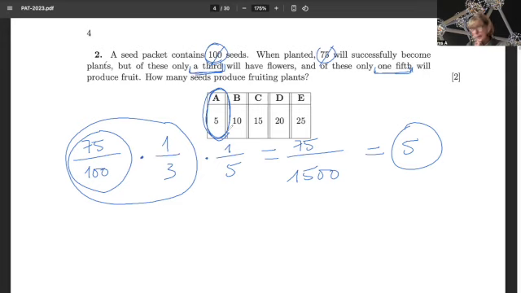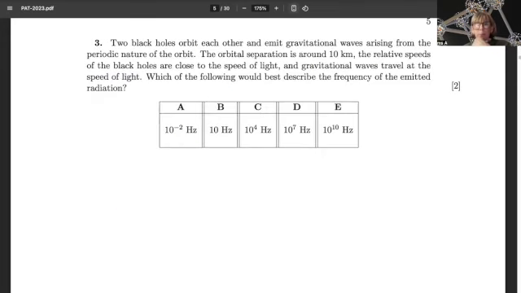Now we're going to exercise 3, which is a little bit more complicated. Remember, we're still doing all the exercises from the exam of 2023, which is the last exam online. Okay, so it says two black holes orbit each other. So there is a black hole, and then there is another one, and orbit means it's going around in a circle.